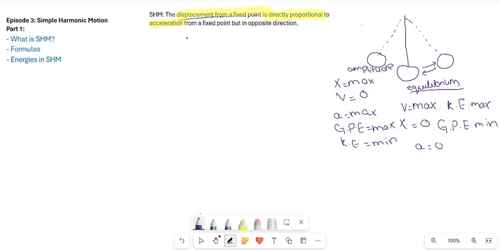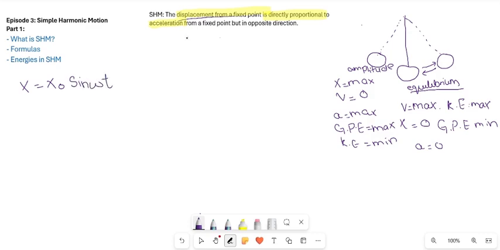We have 3 formulas, and in my previous video I've also explained how whenever you have to go from one thing to another, you differentiate it by t. That is to say, if I have to go from displacement to velocity, I differentiate it by t. Velocity to acceleration, again I differentiate it by t. So our starting formula is x equals x naught sine omega t.